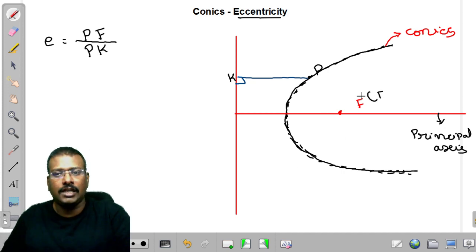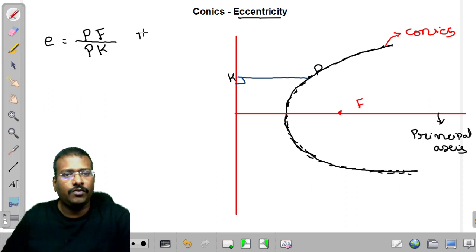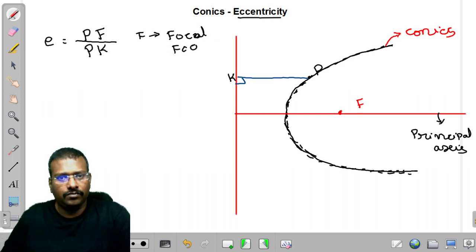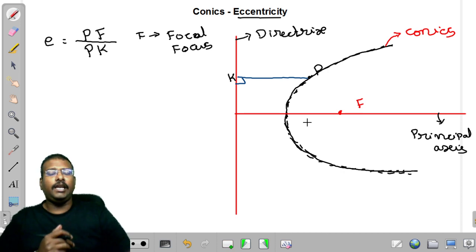The fixed point is considered the focus, so F is the focus point. And the fixed straight line is considered the directrix. Fixed point is the focus, fixed line is the directrix.